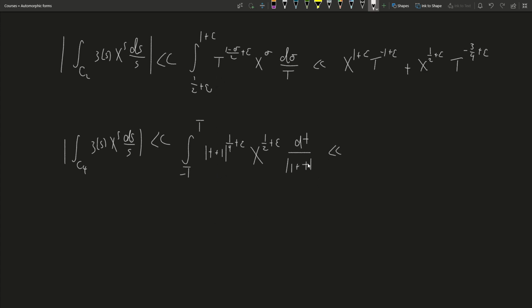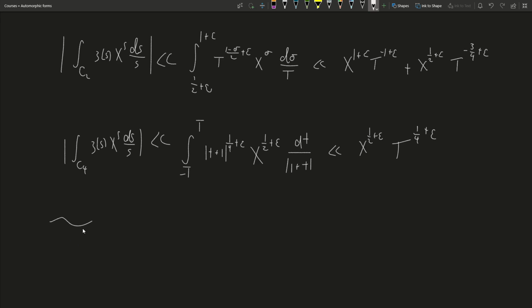Again, you more or less have an elementary antiderivative. When there's no plus 1 here, you have an elementary antiderivative, and then you can just take out some chunk around the real axis just to make sure that nothing's blowing up. And what you end up getting is that this integral is bounded by x to the 1/2 plus epsilon t to the 1/4 plus epsilon. Okay, so those are our bounds.